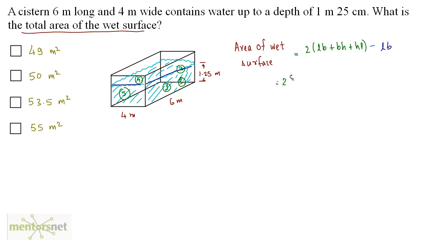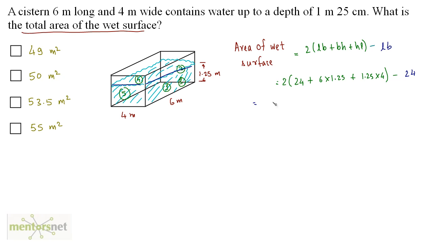This is equal to 2 times (L times B, length into breadth, that's 6 times 4, that's 24, plus BH, that means 6 times 1.25, plus we have HL, so 1.25 times 4), minus we have LB again, that's 6 times 4, that's 24.